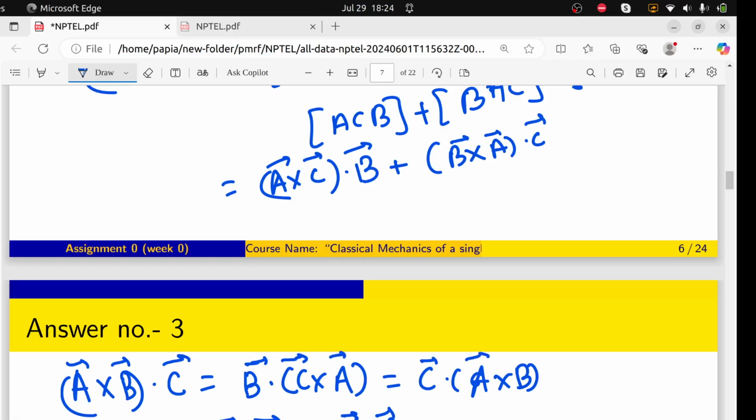And A cross B dot C equals B dot C cross A is also well known.